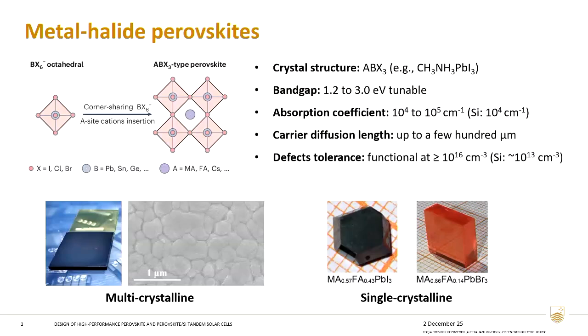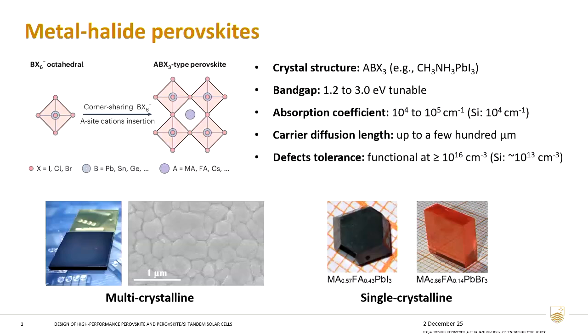For those who work in the PV field, that is very important, because it means this material can be useful not only for the single junction perovskite solar cell, but also for tandem solar cell designs.